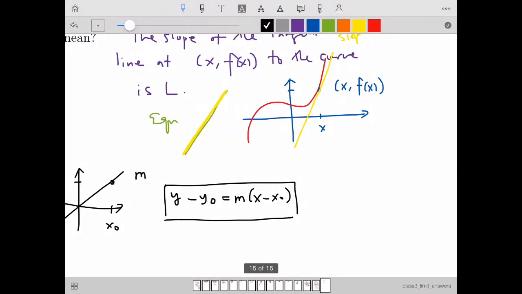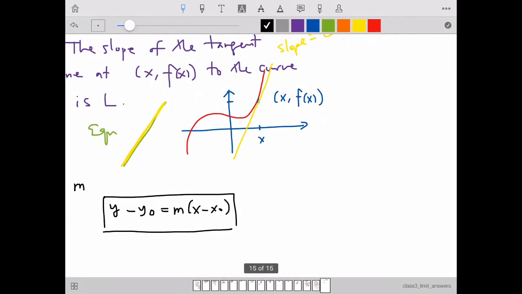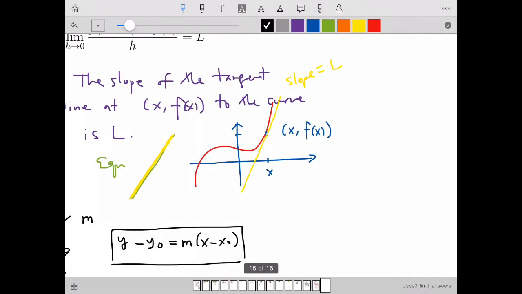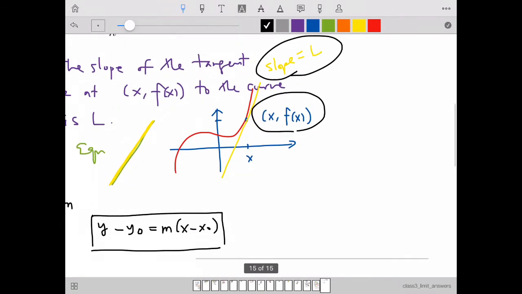So, using that formula, we know the slope. Slope is L, and this is the point where the line goes through.